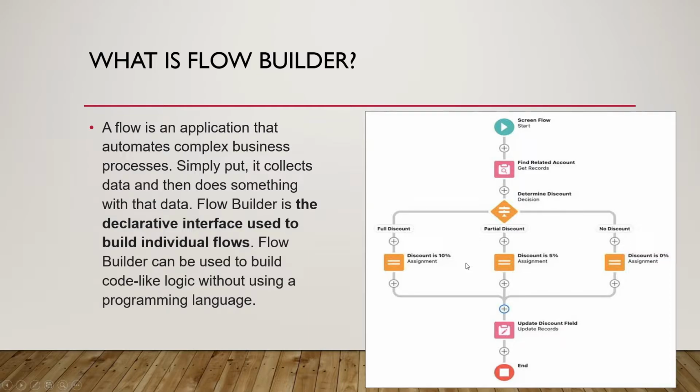Based on this discount, either 0%, 5% or 10%, it will update the discount field over the account, and then it will insert. So this is a simple logic through which you can get some idea of what exactly the flow builder is. This does contain multiple things, so we'll discuss that later.